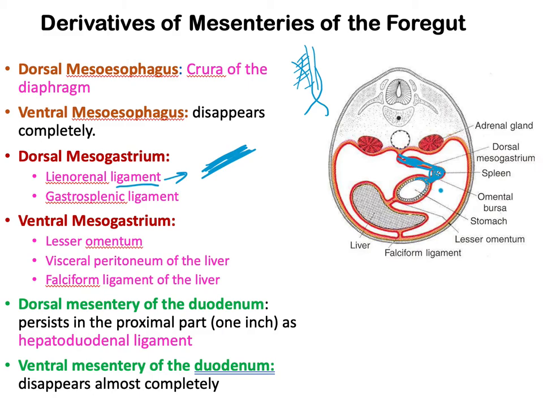Now, what about the ventral mesogastrium? The part that connects the stomach to the liver is the lesser omentum.